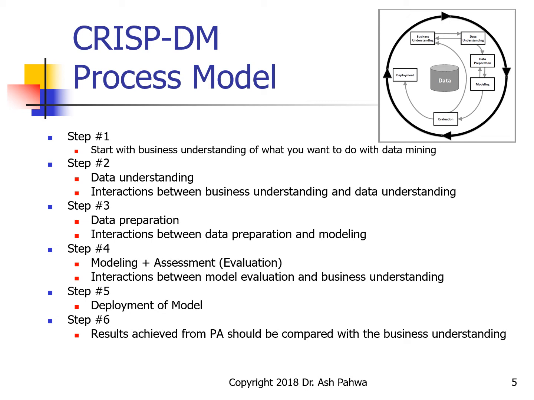And then we have to do the assessment of the model. And at that time also, we may have to have some interactions between the model evaluation and business understanding. Then we deploy the model. And then the results achieved from predictive analytics should be compared with the business goals.